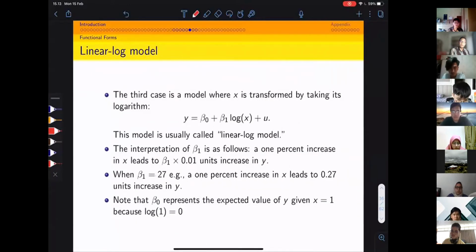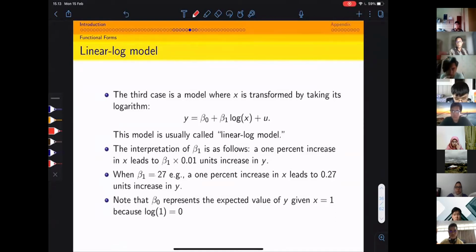In the initial one, we have what's called the log-lin model, where we transform the y variable. In the second example, we have the double log or the log-log model, where we transform both x and y. For the third model, we have what's called the linear-log, where we log transform the x variable.